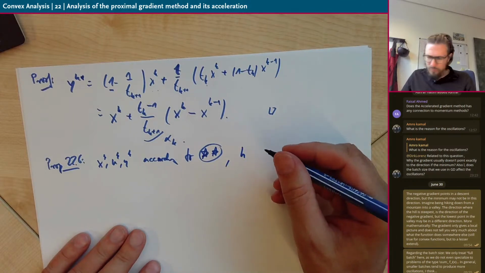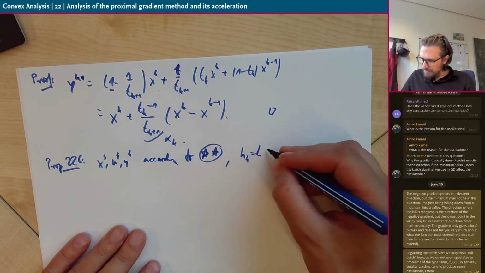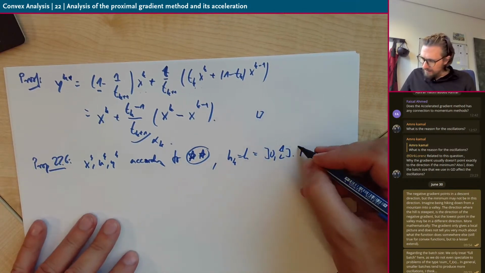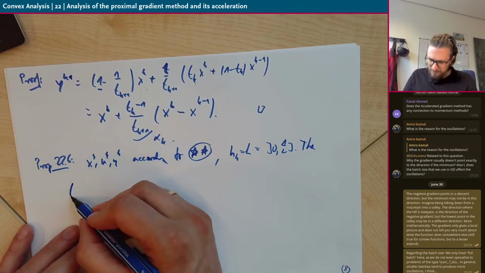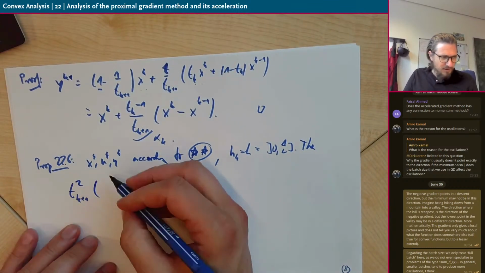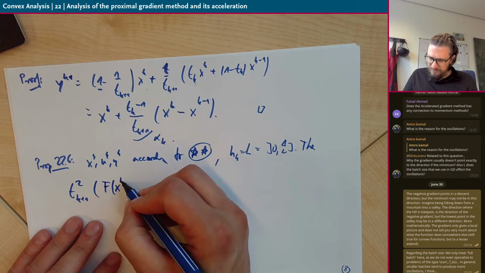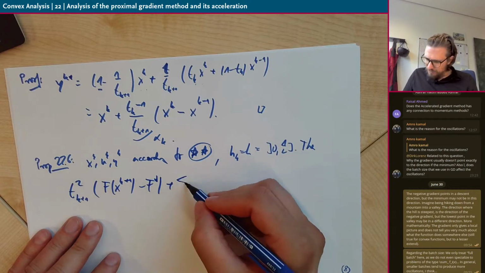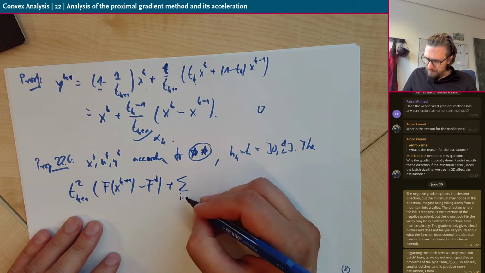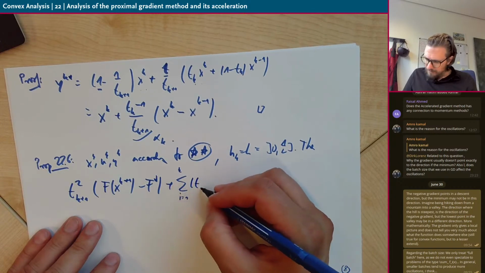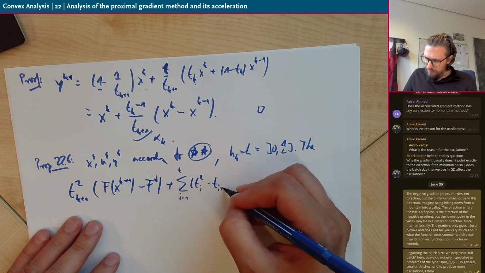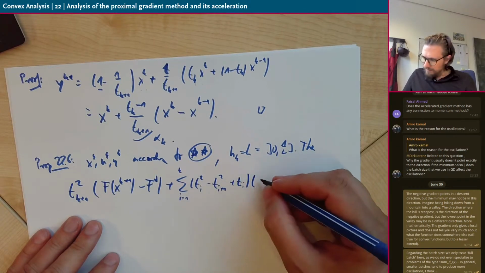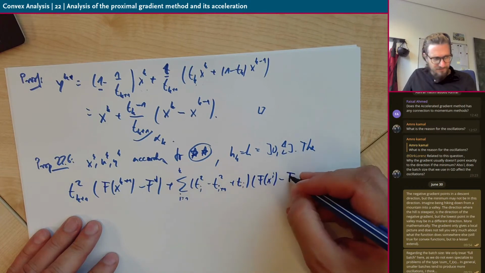Now we take h, k constant h as before, and as before between 0 and 1 over L. And then we have this estimate, and we've seen that before: tk plus 1 squared times f of xk plus 1 minus f star plus the sum, which is not telescoping here, of ti squared minus ti plus 1 squared plus ti times f of xi minus f star.